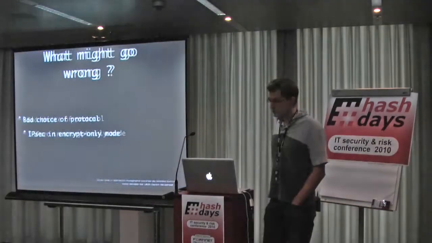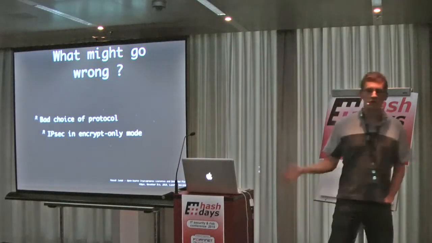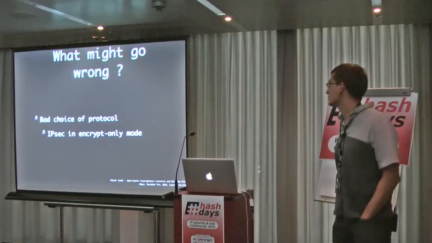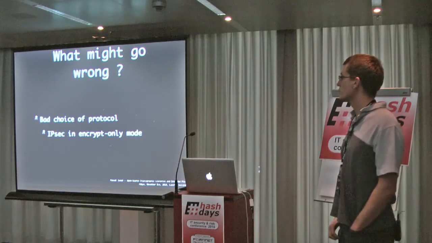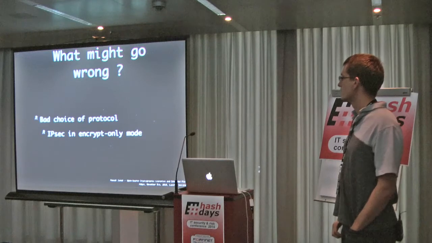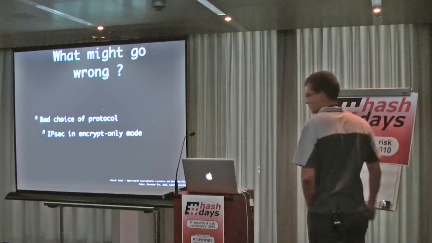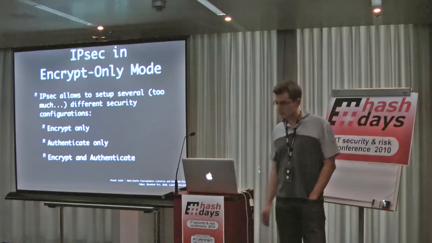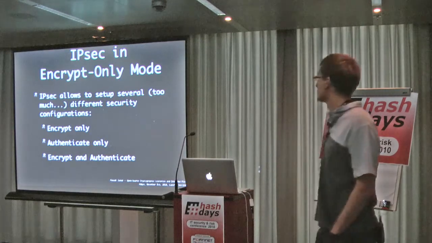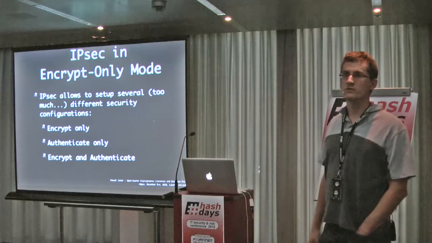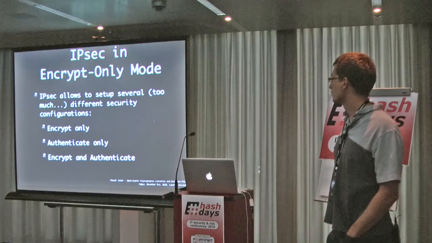But now you could also imagine doing other things wrong using cryptography. You could imagine choosing the protocol in a bad way. Let's take, for instance, the case of IPsec. IPsec allows you to set up several different security configurations. Experts now would say too many different security configurations.